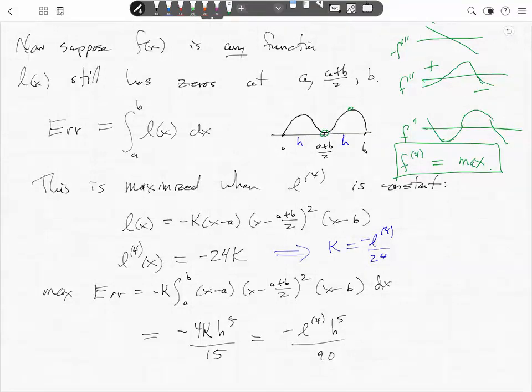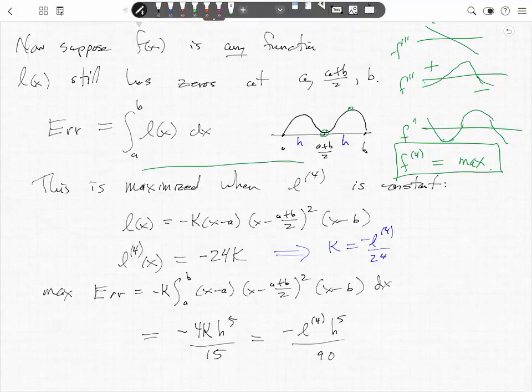So again, I'm using the intuitive argument here that the worst case scenario is when L is actually a fourth degree polynomial. In that case, we can compute what the actual area is, the area being the error in the Simpson's rule approximation. So from this point on, let's assume that L is in fact a fourth degree polynomial.